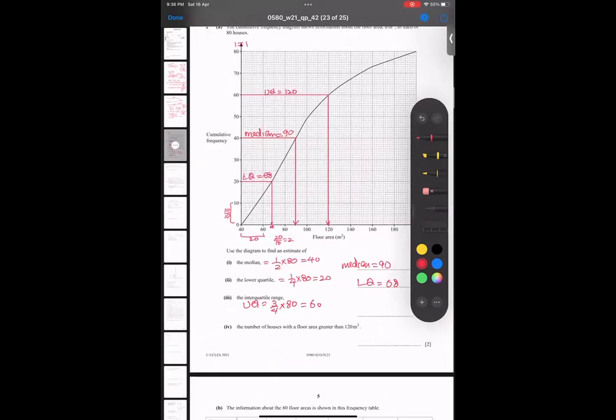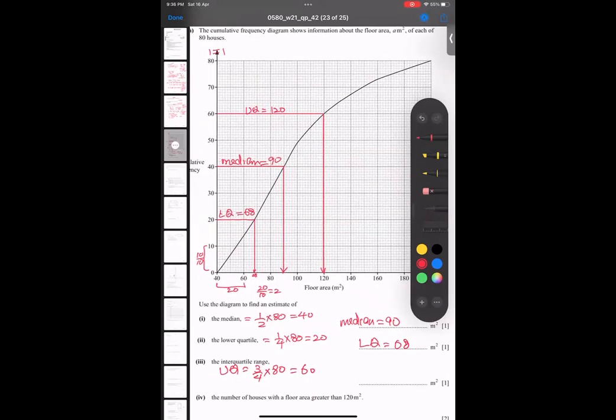So the upper quartile is 120. Then what is the formula of the interquartile range? IQR is equal to the upper quartile minus the lower quartile. So 120 minus 68 gives us 52. So this is also done.